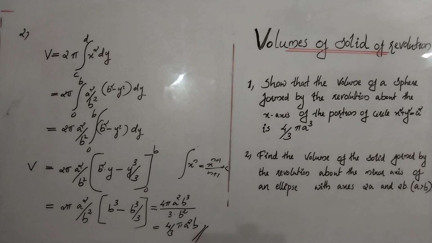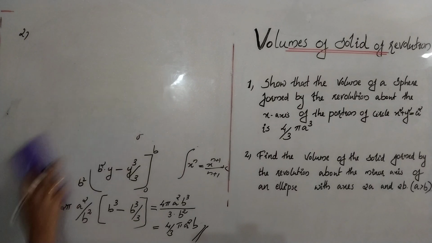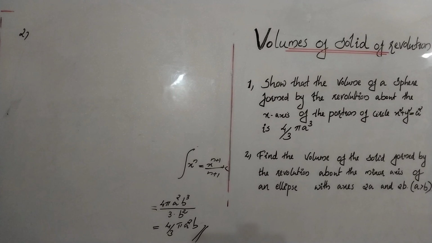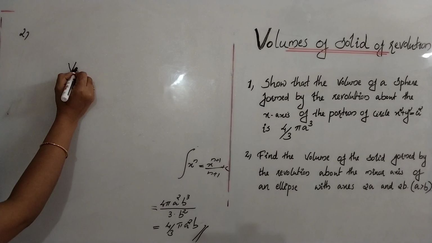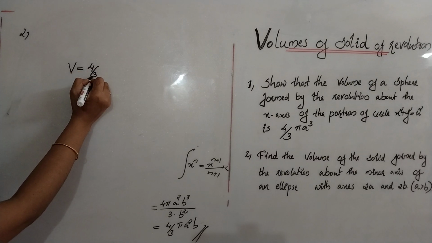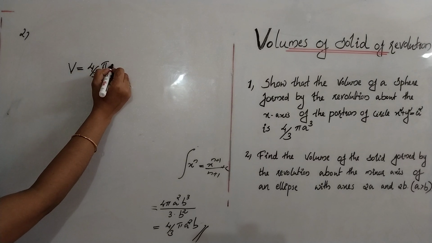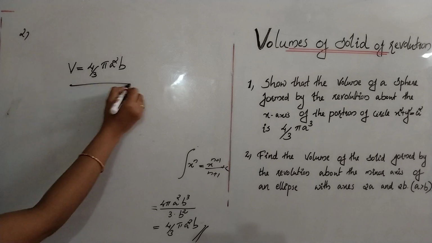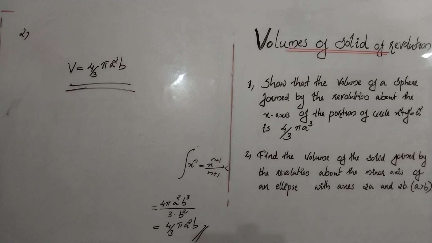This is the required volume of the solid formed by the revolution about the minor axis of an ellipse: 4 by 3 pi a square b. Thank you.